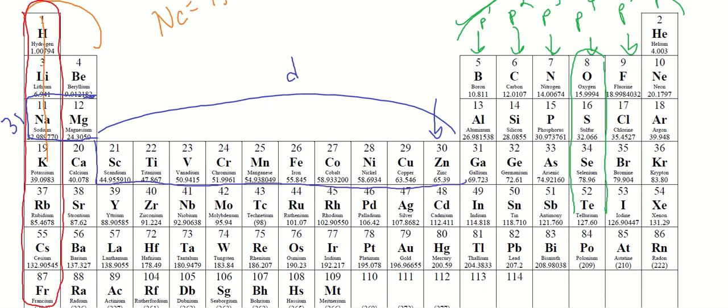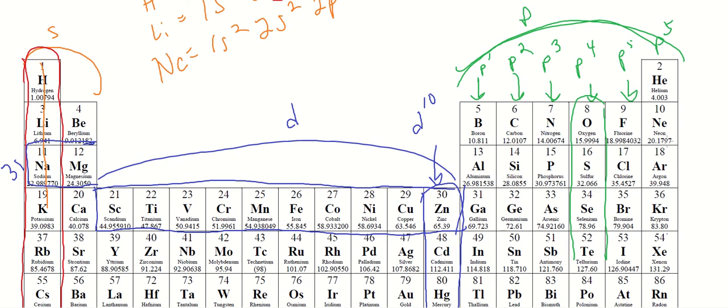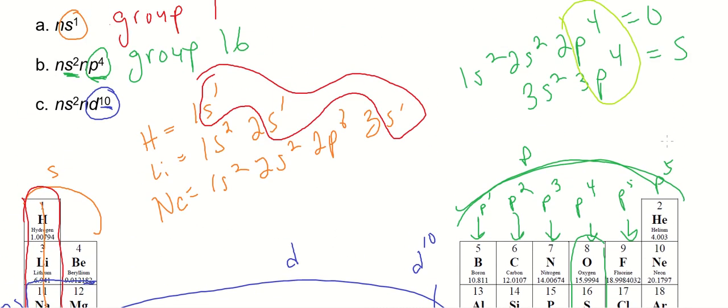They kind of stagger, right? Anyway, all of these here are going to end in D10. So that's zinc, cadmium, mercury, and then this periodic table is old, but there is something there. I don't really know what it is. So Zn, Cd, Hg, and whatever 112 is, those are going to be the answers.